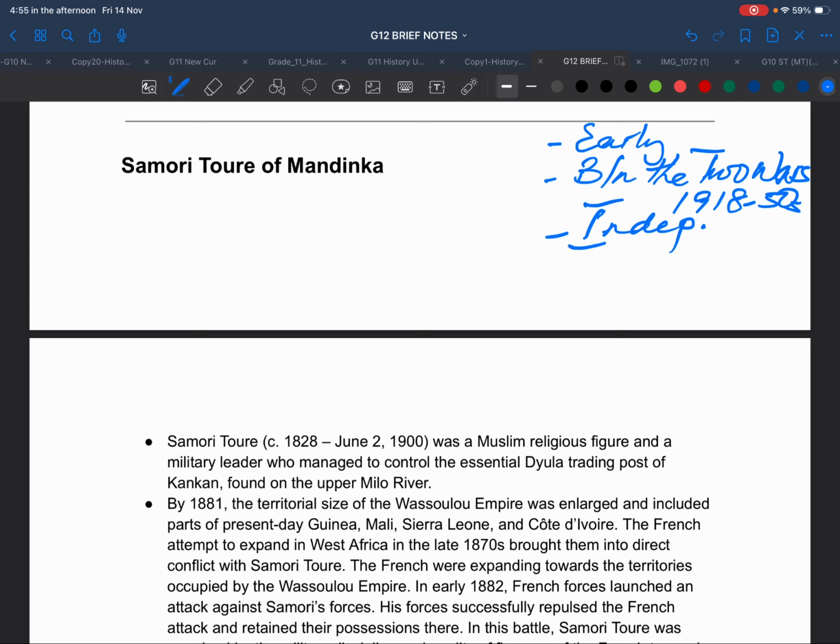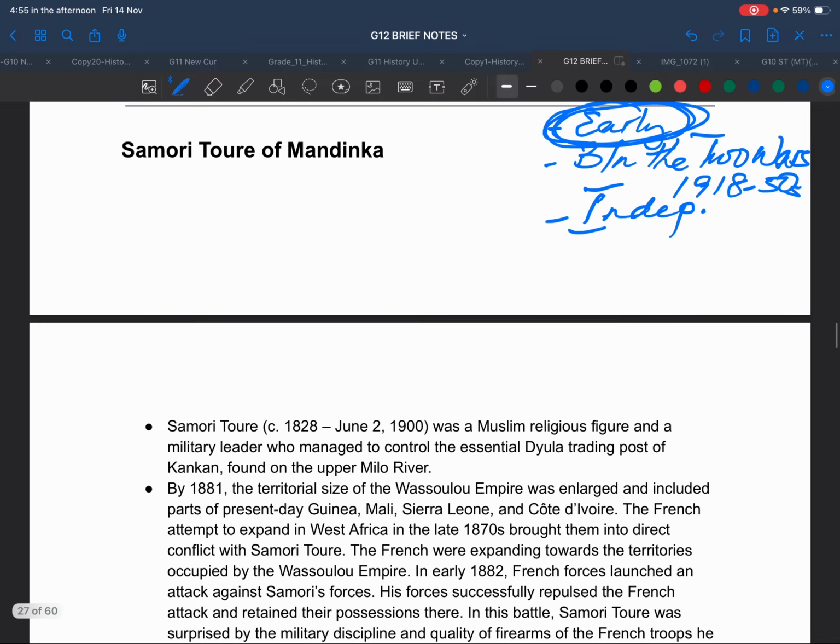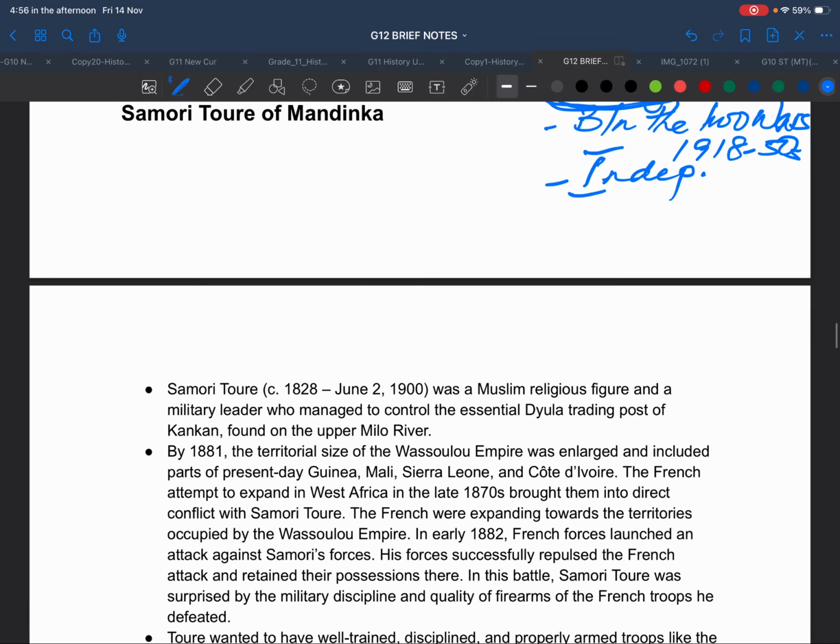Among those African rulers, we can group him in the early resistance movement. We call him Samori Toure of Mandinka.